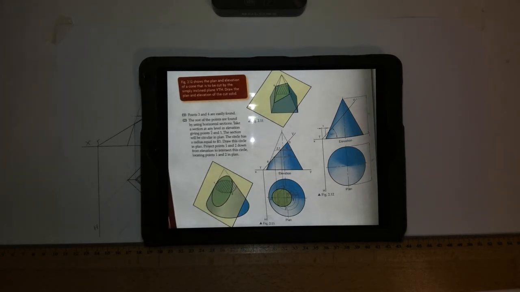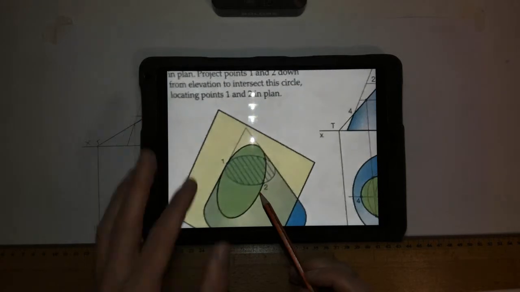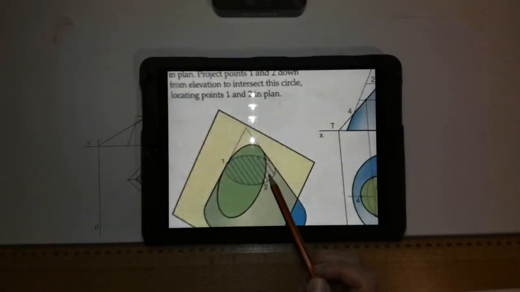With this question we're going to do the same thing again. We're going to use horizontal cuts, because when we look down on a cone that's being cut horizontally, it produces circles all the time. And we can see there, for example, if I zoom right in, one of those circles, where it hits the simply inclined plane, gives you a point here and a point here on the curve.